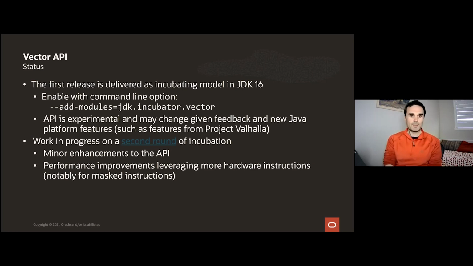So it's work in progress. We're going to be working on a second round of incubation with enhancements to this API. We're going to be doing performance improvements by leveraging more vector hardware instructions, notably around improving the support for hardware masked instructions, both on Intel AVX 512 architectures and the ARM SVE architecture.